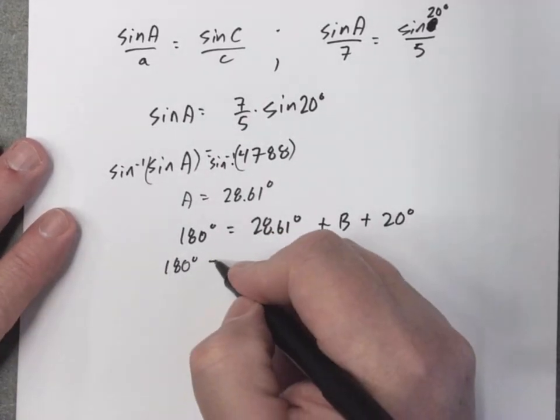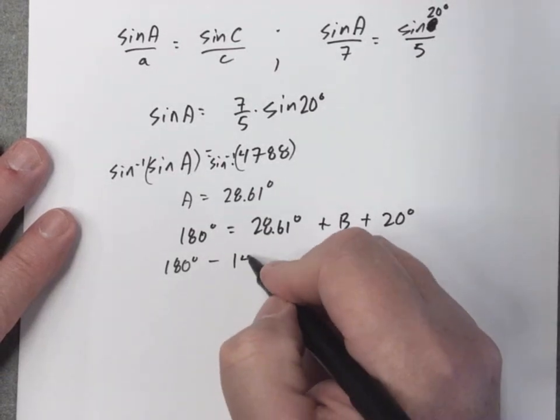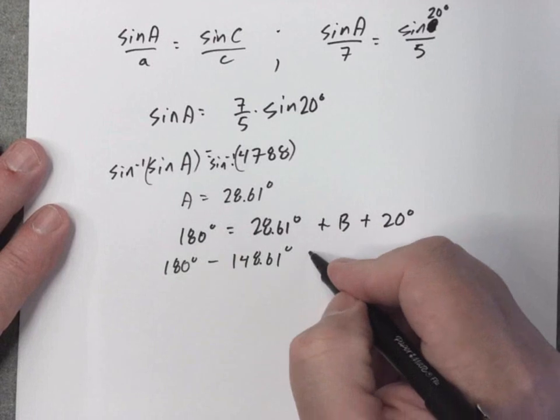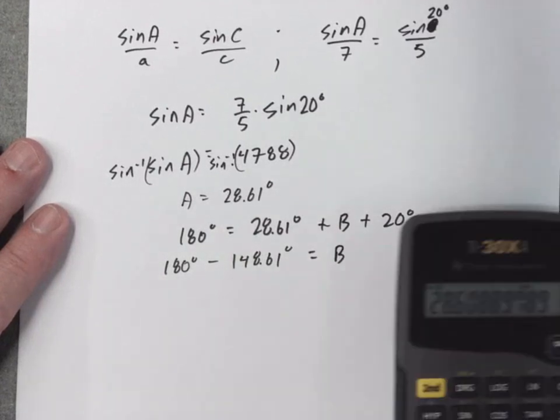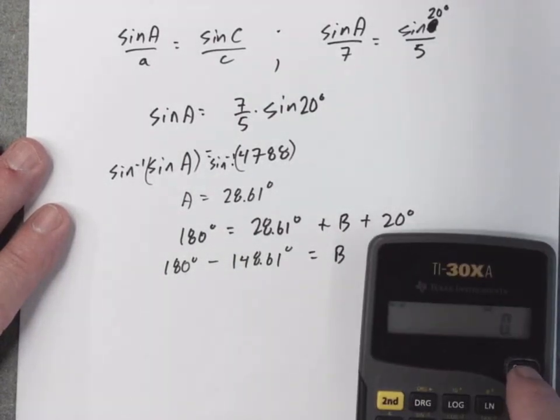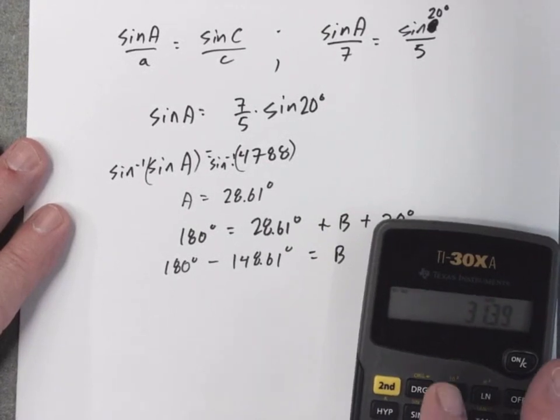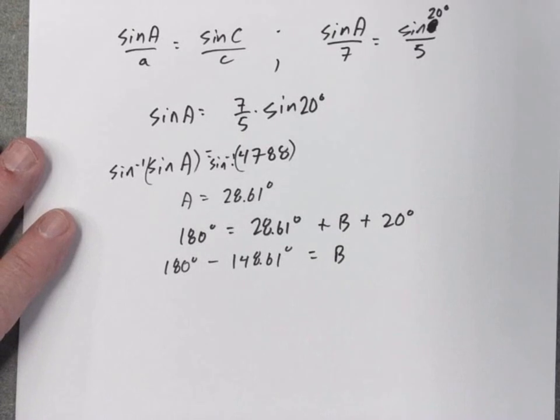So 180 minus... I use my calculator for this since I don't want to do this in my head and mess up. 180 minus 148.61... 31.39.